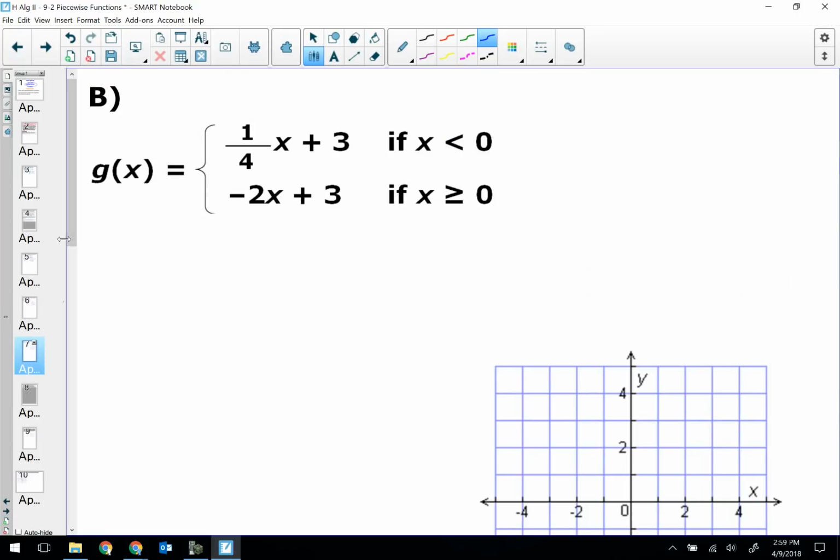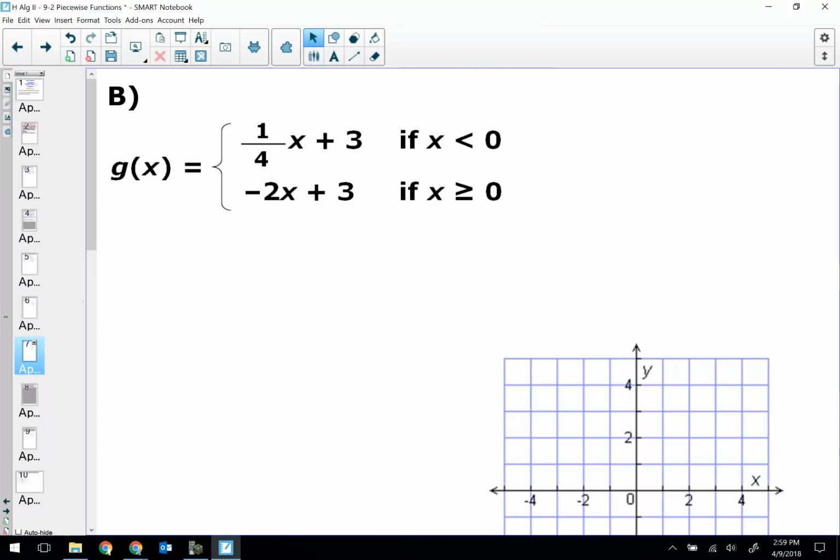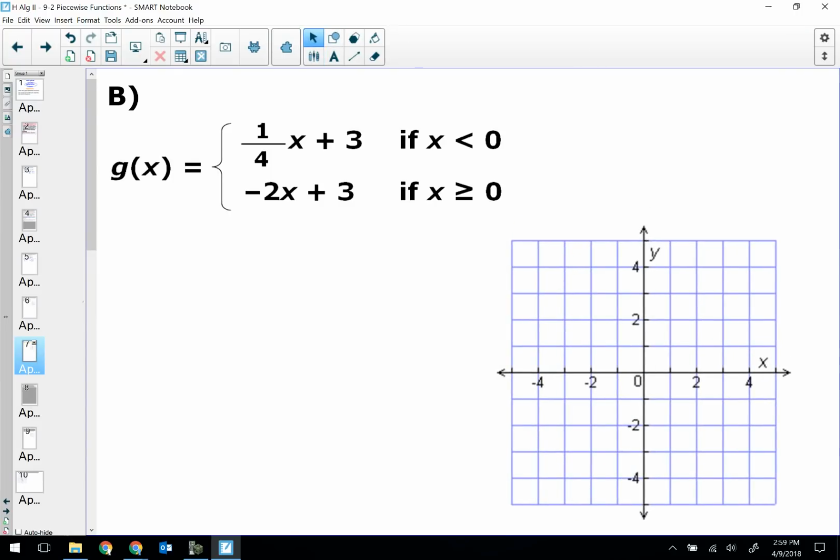So what if it's not just a step function anymore? What if it's a true piecewise like this? Well, see where it stops. Okay, it's 0. So what's going on left of 0 when x is less than 0? Well, it looks like 1/4 x plus 3. So y-intercept of positive 3, and my slope is 1/4.